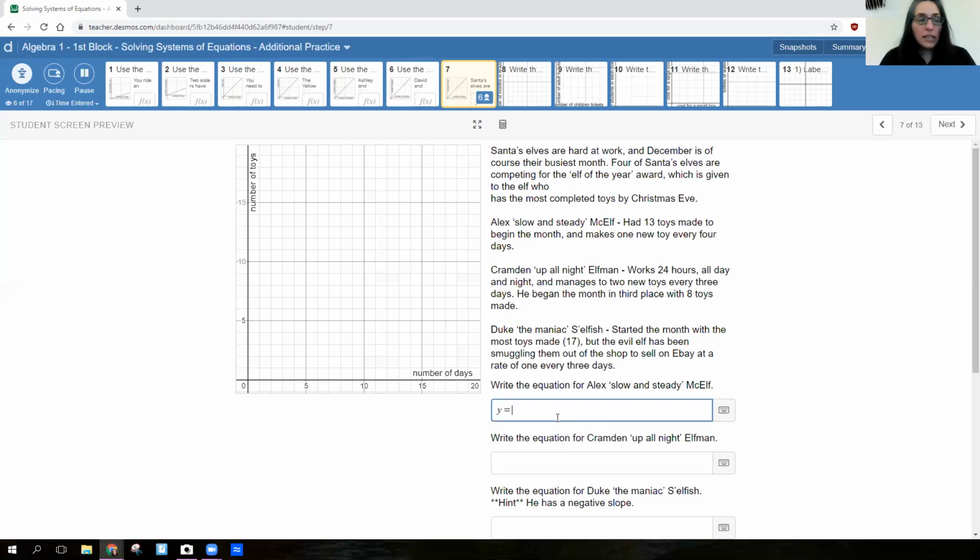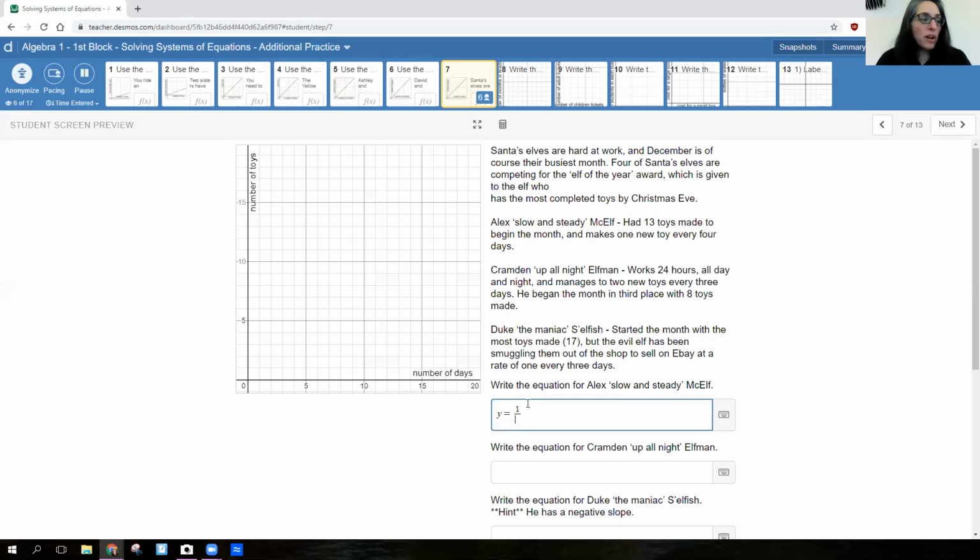So it's going to be y equals, he starts out with 13 toys. He makes 1 new toy every 4 days. So that means that his slope for this equation is 1/4 x.